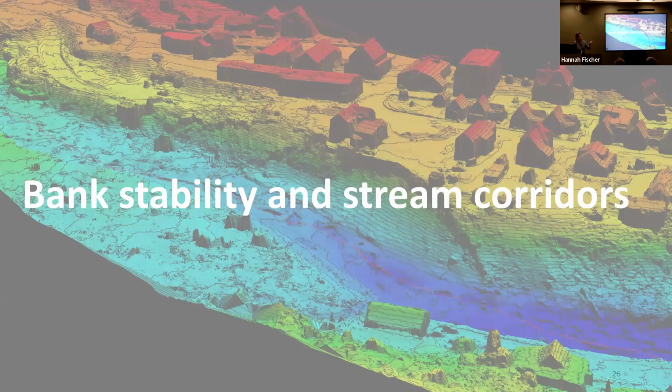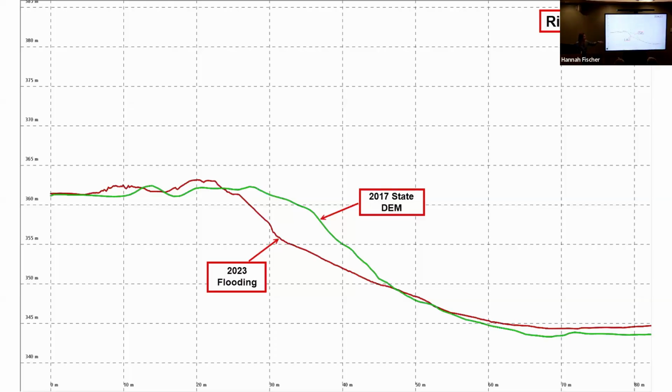And so we're able to use LiDAR. This is actually real LiDAR that we collected. And this is the stream corridor here. We looked at a comparison between 2017 and 2023 flooding of a particular bank. What we saw was in 2017, it was nice and gradual, not a ton of erosion. 2023 flooding hit, and you have about, I would say, 5 to 7 meters of bank erosion in a particular area, and it goes from gradual to steep.